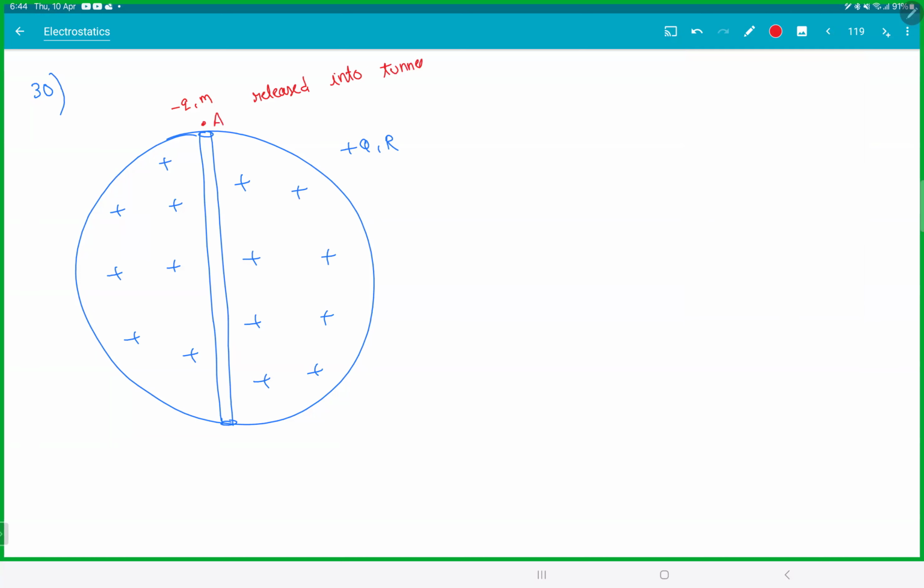So let's call this point A and C is the center. Find the speed when it reaches point C and the time taken to go from A to C. This thing we'll do in gravitation. We'll do more variations of this. For now, we will do one.